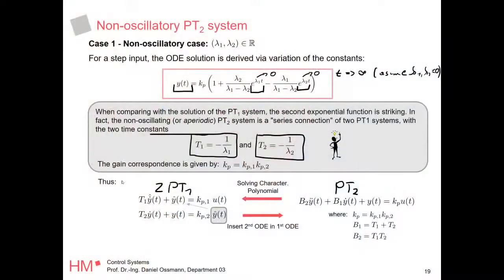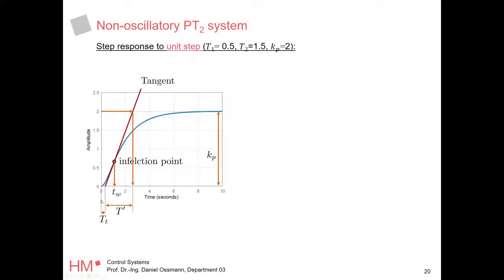Okay, long talk. Now let's see how the step response looks. Here is an example. I've chosen a PT2 system with a time constant of 0.5 seconds and another one of 1.5. Our gain is 2. How does this look? Actually, you could say it looks like a PT1 system. Well, I agree.